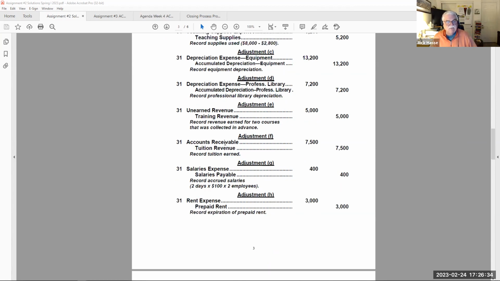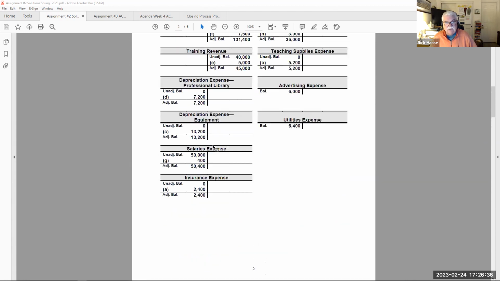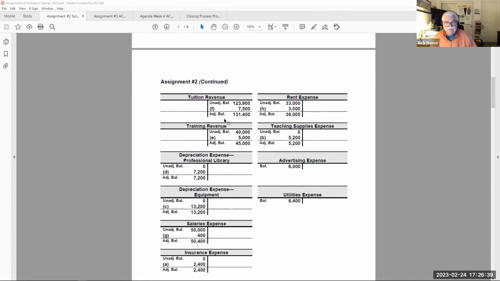And those were the journal entries. And then you go back to the general ledger and post those adjustments. As you can see here, here's my adjustment to the tuition revenue, which brings up the tuition balance to $131,400.